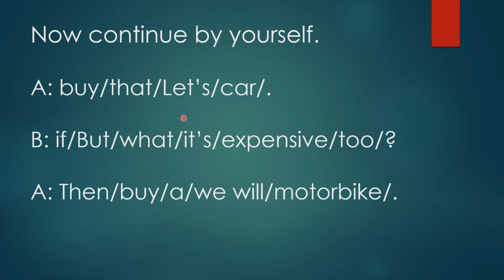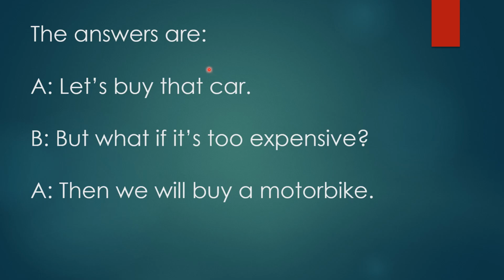All right, I think that this is enough. Let's see the answers. The answers are, first one: let's buy that car. B answers: but what if it's too expensive? Then A: then we will buy a motorbike.